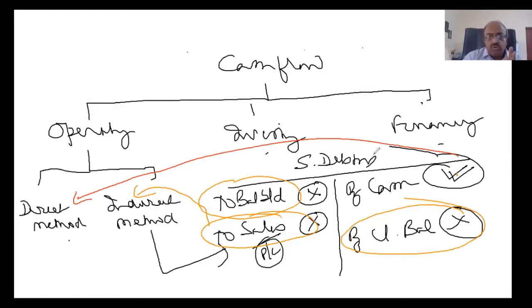Please take this down, just for you to remember, this part. Now we are going to do a problem to understand how to handle this.